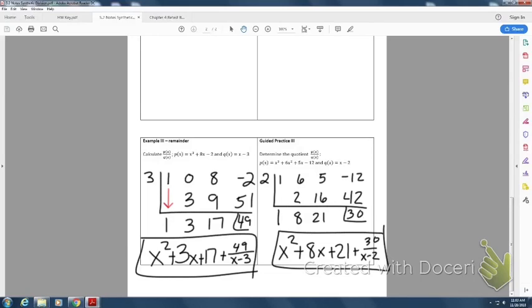So there's the final answer on the last one. So I want you checking to make sure that you got that on the last.